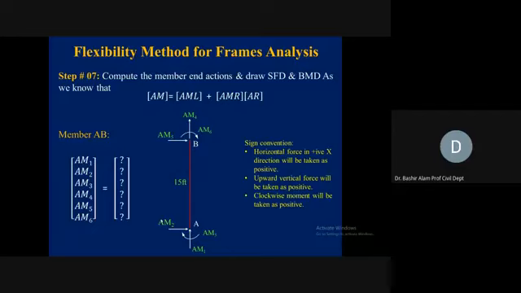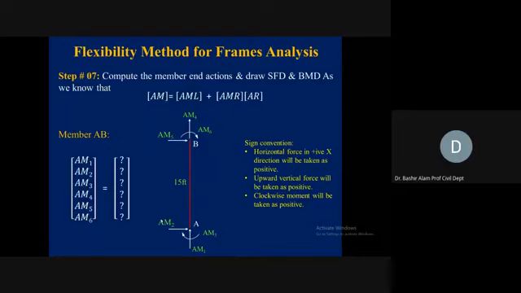Here you see at A, AM1 upward, AM2 rightward, and AM3 clockwise. Similarly at B, AM4 upward, AM5 rightward, and AM6 clockwise. So those I initially take because I have the freedom here to select any one as my positive direction.